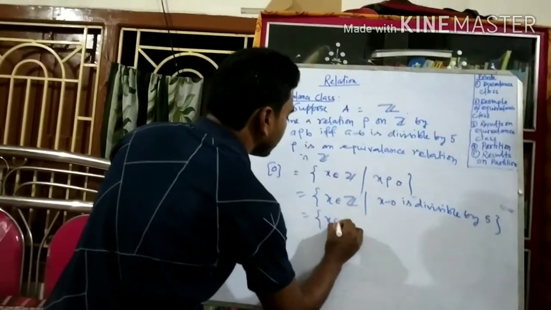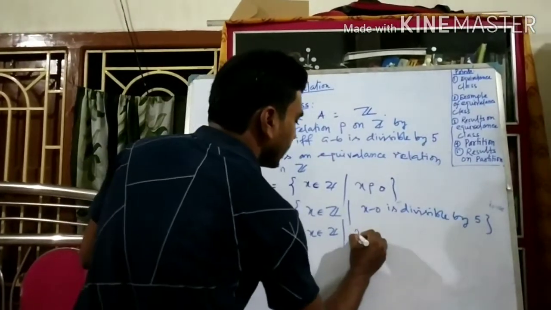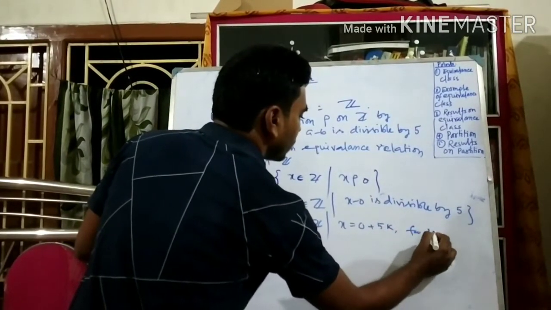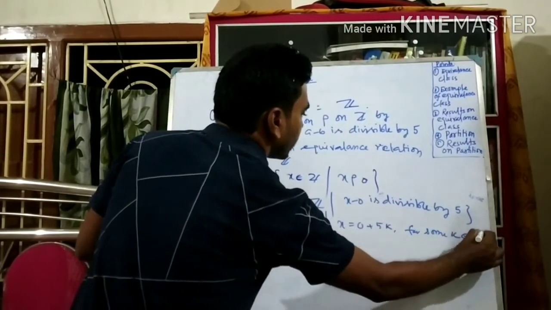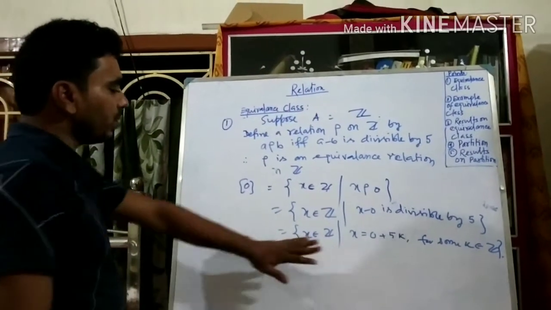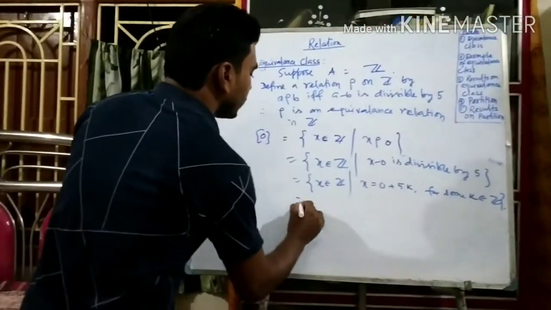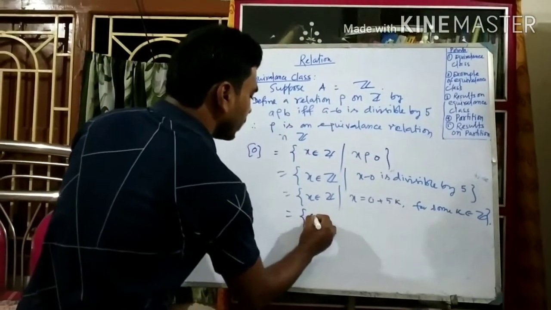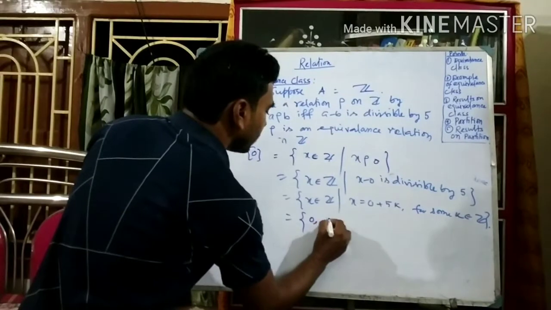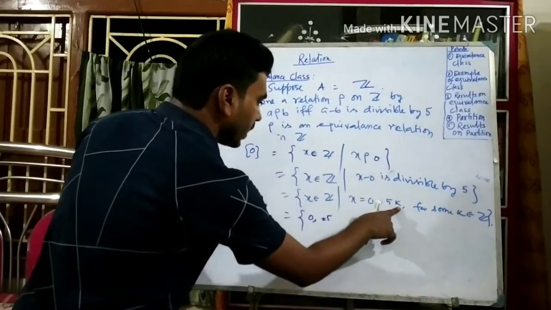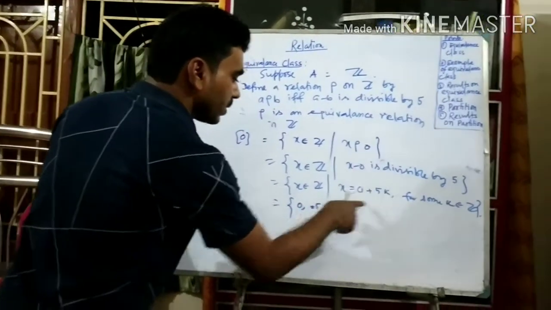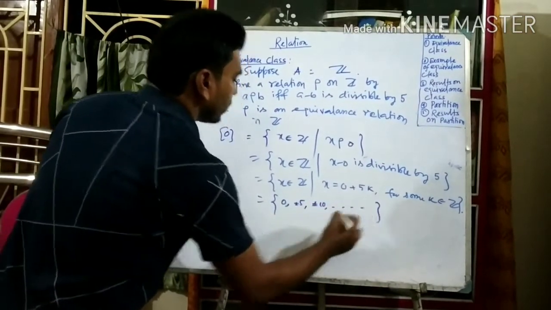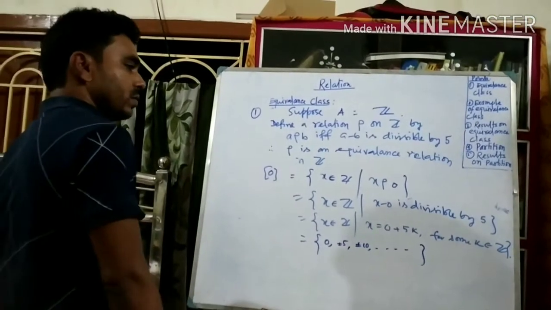That means x belongs to Z such that x is equal to 0 plus 5k for some k belongs to Z, right? So in this set, the elements are, if I put k value equal to 0, then we get 0. If we put plus 1, then we get 5. If we put minus 1, then minus 5. These are the elements of this class 0.